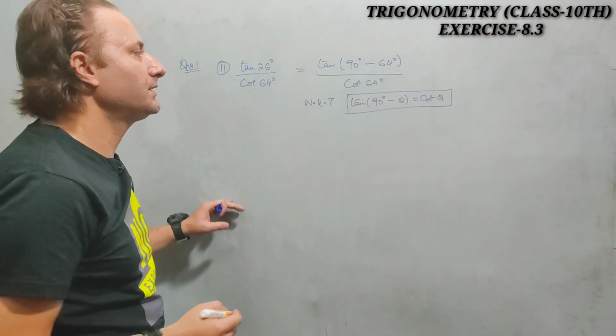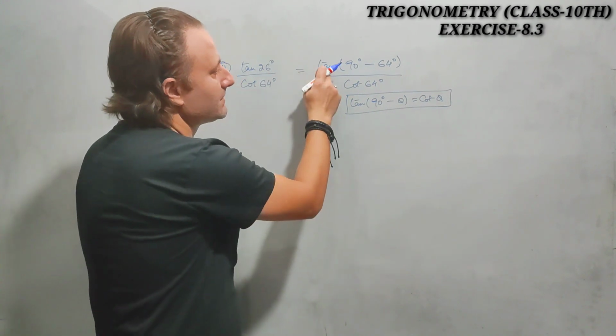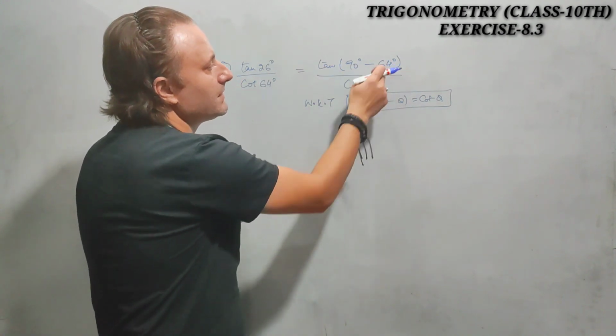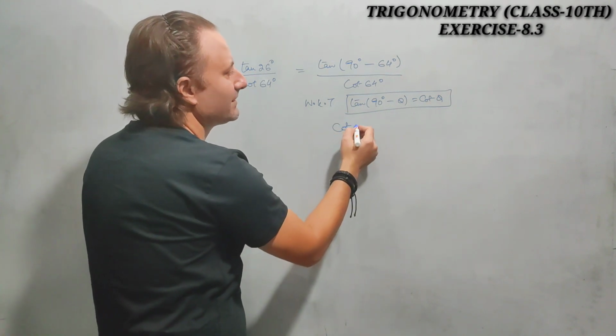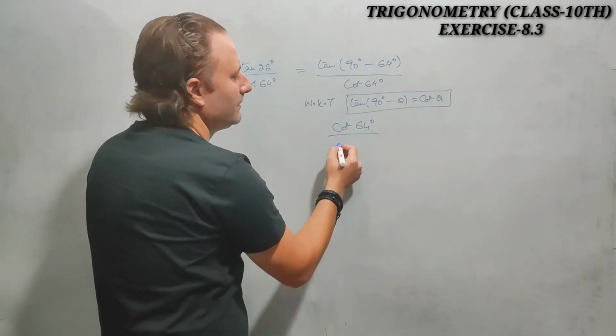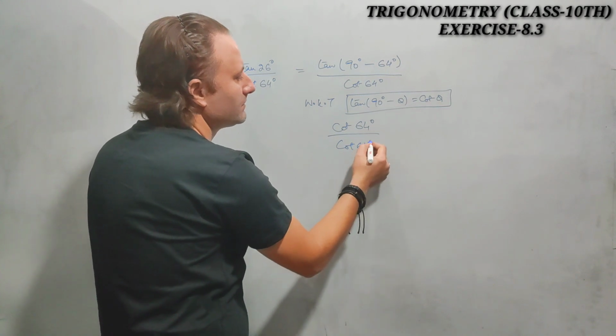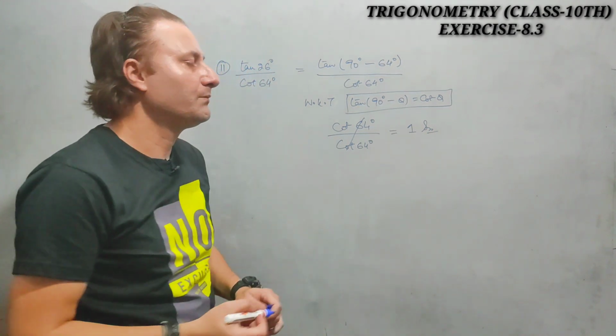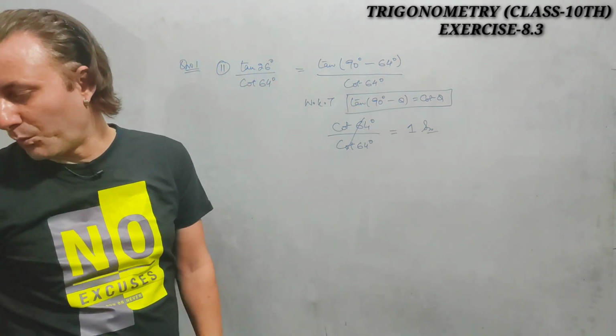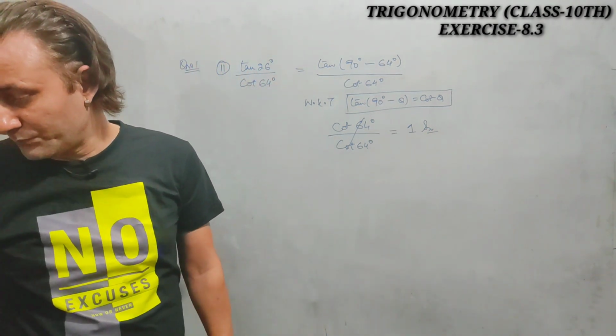Just the way we did in the previous question, this is tan, then we have 90, and theta here is 64. What we have to write is cot theta, with theta as 64. Then in the denominator we have again cot 64. Denominator and numerator cancel, and we have the answer again as 1. Clear? Very simple.